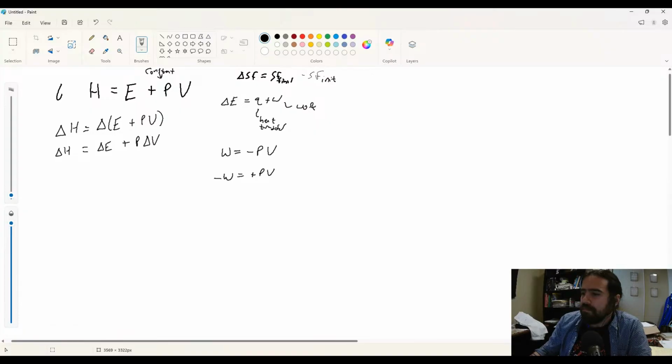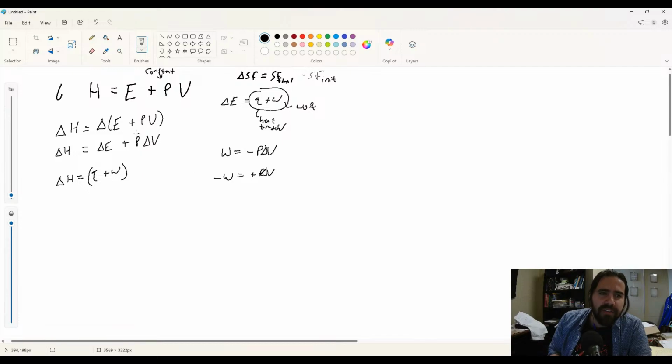Now this is all very well and good. Now what we can start to do is start plugging in some of these other equations. Recall that our delta E is equal to Q plus W, from up here. And as we said a second ago, plus P times delta V, I'm sorry, excuse me, is equal to minus work.